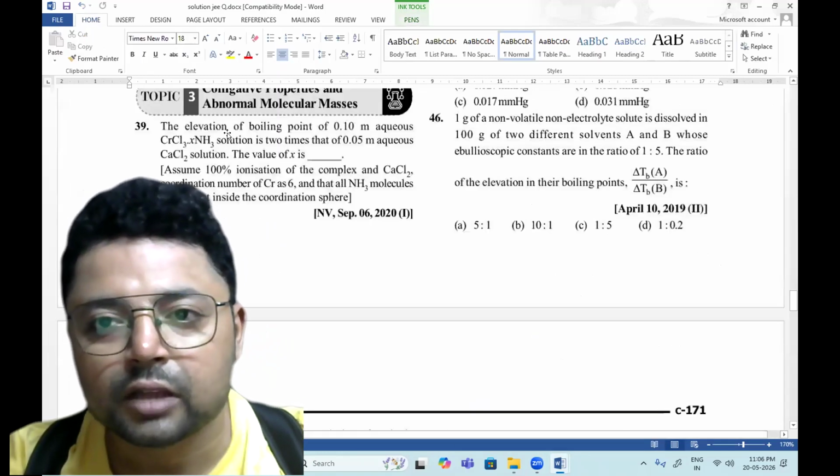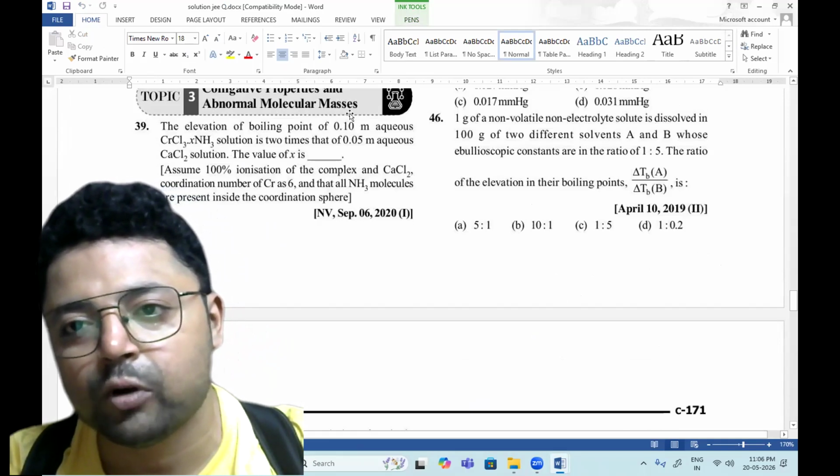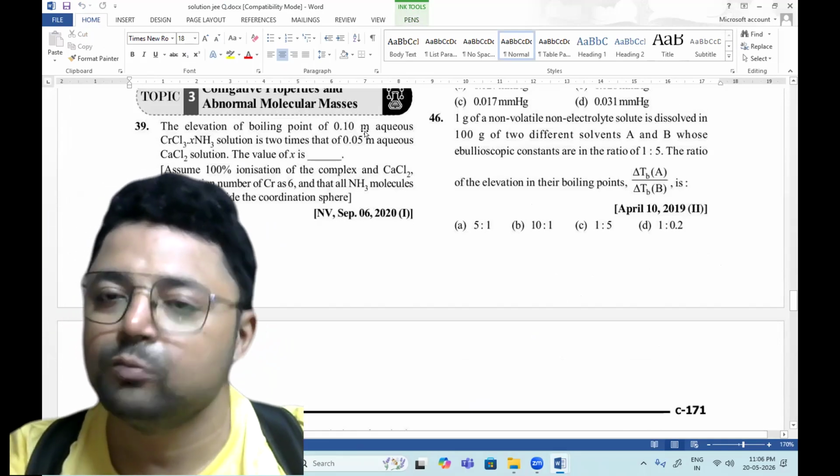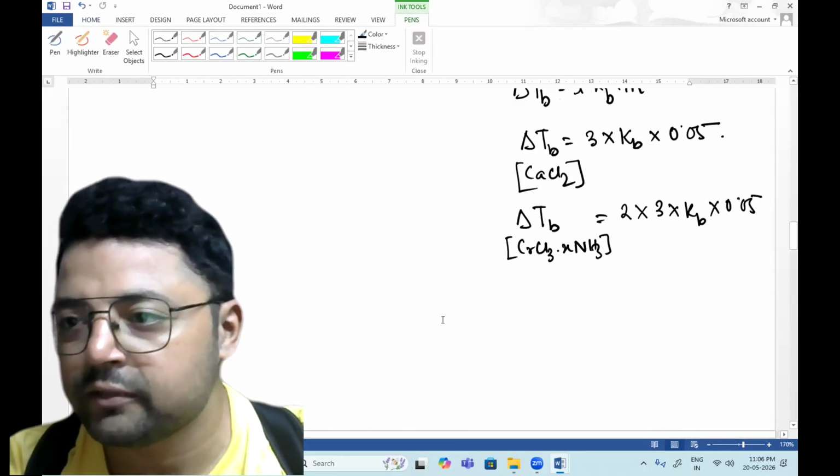Now they have given you the elevation of boiling point of a 0.01 molar aqueous solution, so you have to just compare them. This is the value.